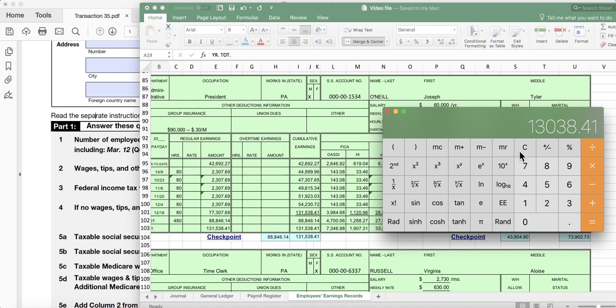So that is what we're going to subtract. So I'm going to write that number down so I have it for future reference.